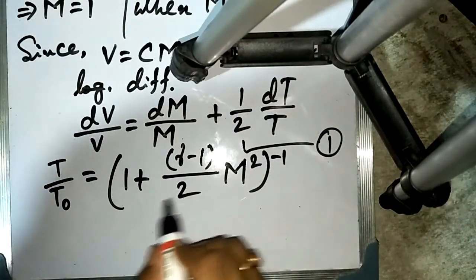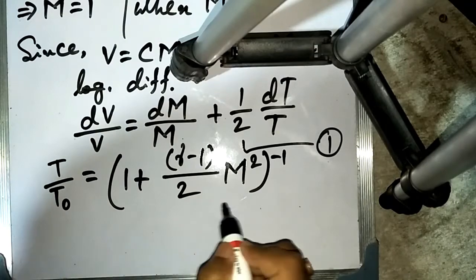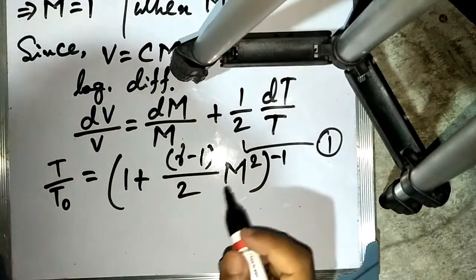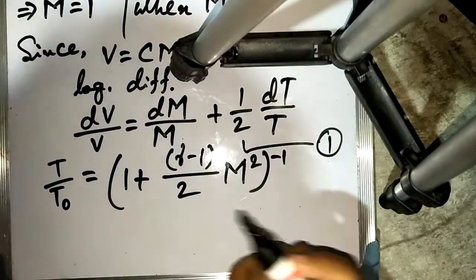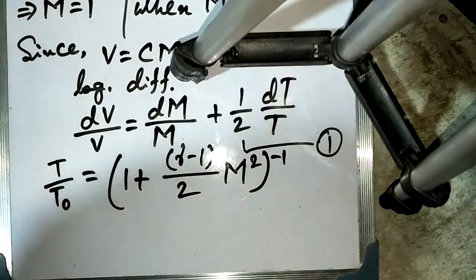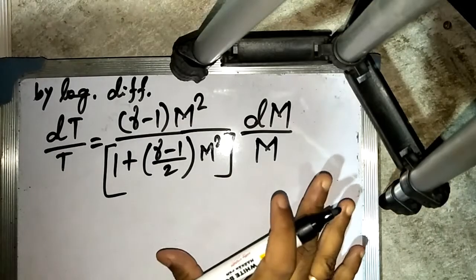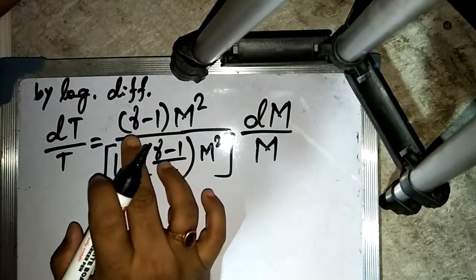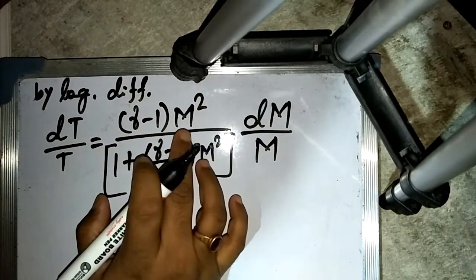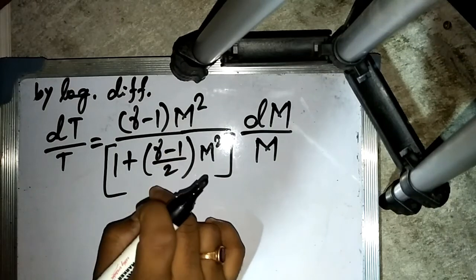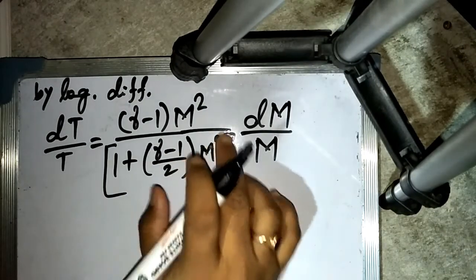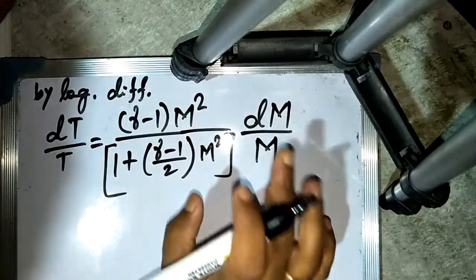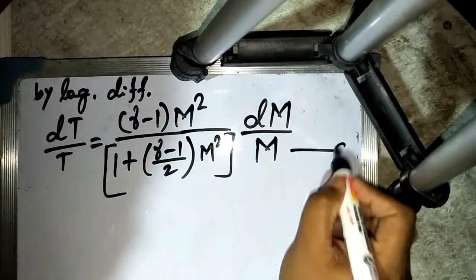Okay, we know this is the relation. So again, by logarithmic differentiation, let's see what we get. We get dT/T equals (γ − 1)M² / (1 + (γ − 1)/2 × M²) into dM/M. So let's suppose it's equation number 2.